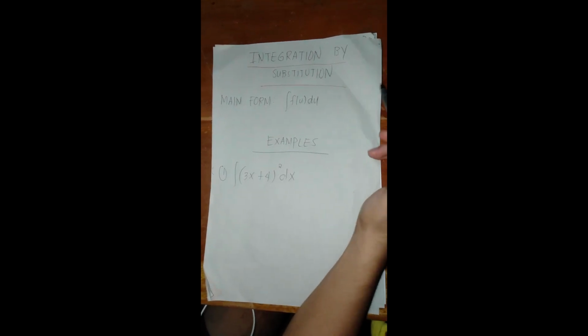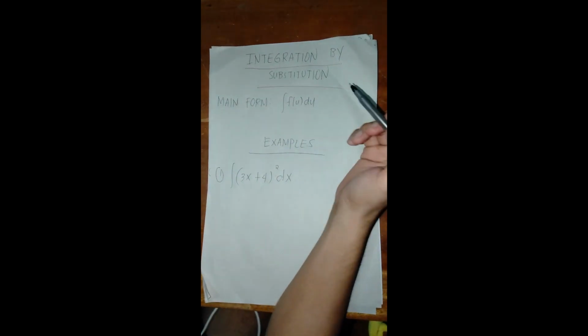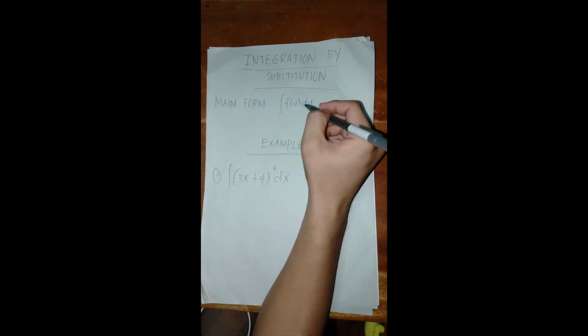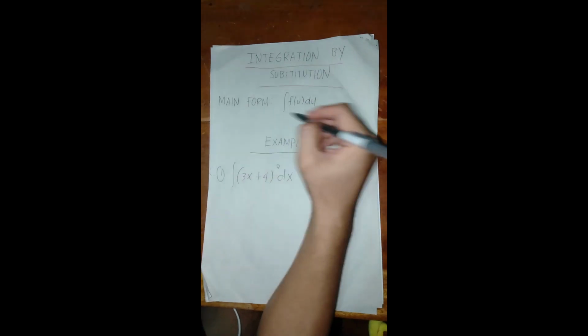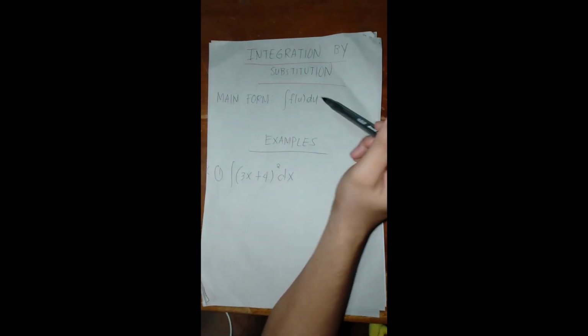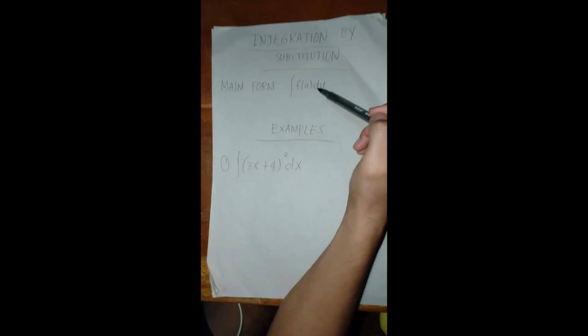Mag-uusapan natin yun sa part 2. But for now, ang first part natin ito: the integral of function of u du. Lagi yun. Lahat ng functions under this category is nagpo-fall dito sa form na to.